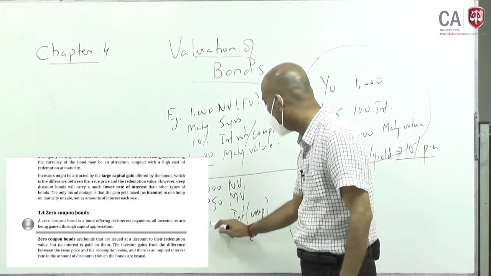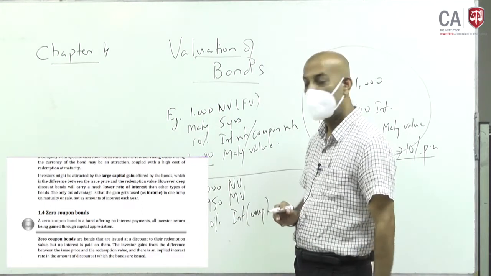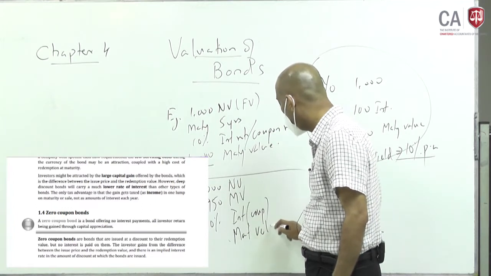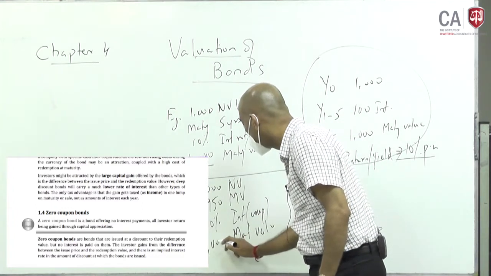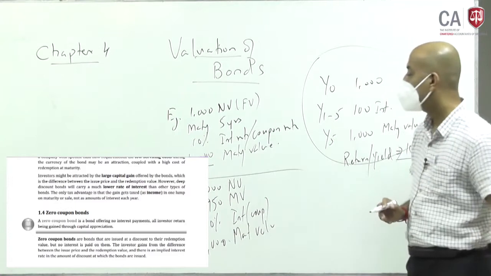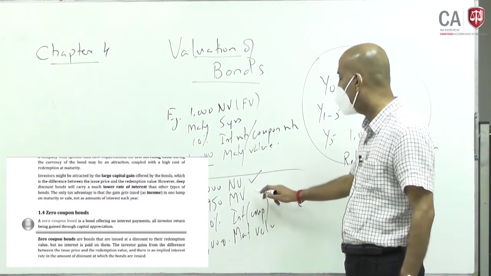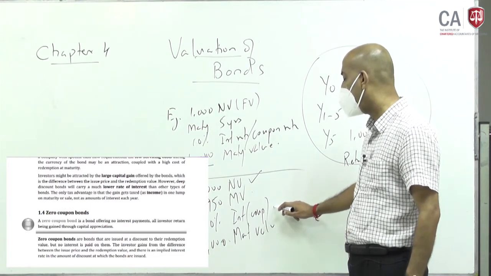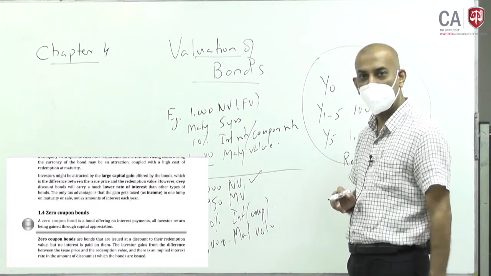Same 10%, will not change. And your maturity value again 1000. So your nominal value is 1000, market value is 950, interest is paid annually at 10% and the maturity value is 1000 rupees.